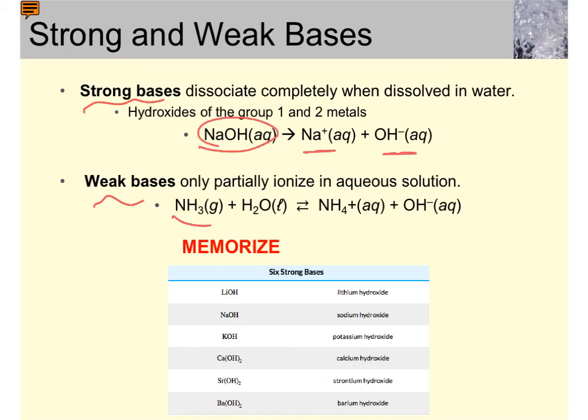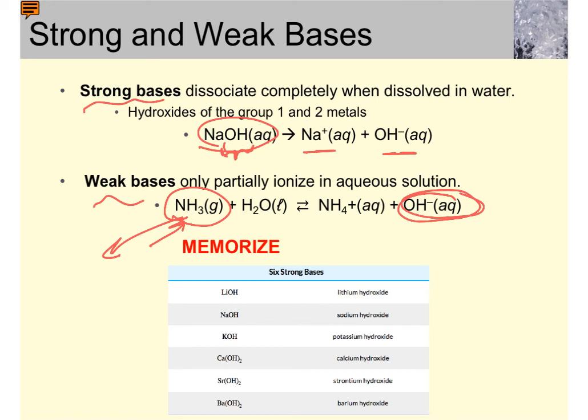Weak bases and neutral nitrogen-containing compounds such as ammonia are probably the most common type of weak base there is. Notice that ammonia-based materials and some other weak bases do not actually contain a hydroxide like you're used to seeing in a lot of the strong bases. So they don't contain a hydroxide, but they produce hydroxide when they're added to water.